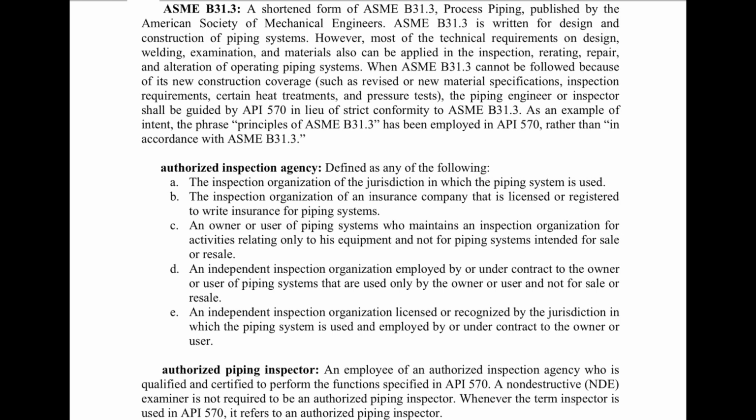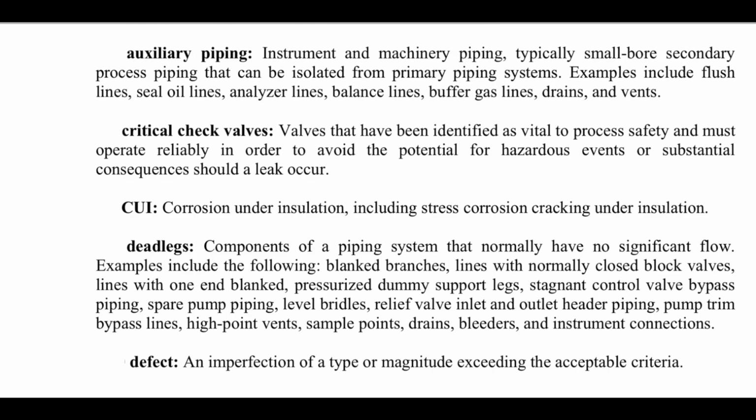These portions cover different definitions of API 570. You have to read very carefully and make it thorough because definitely there are a lot of questions coming from this portion. I'm not going to read all of these for you because it requires pure reading.